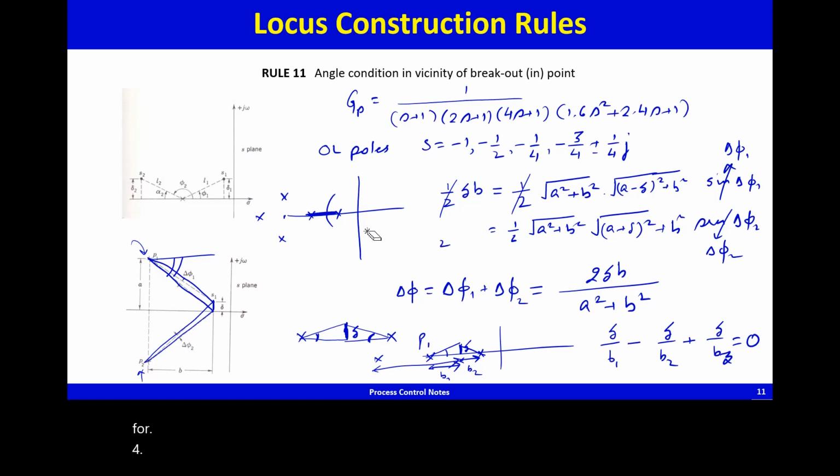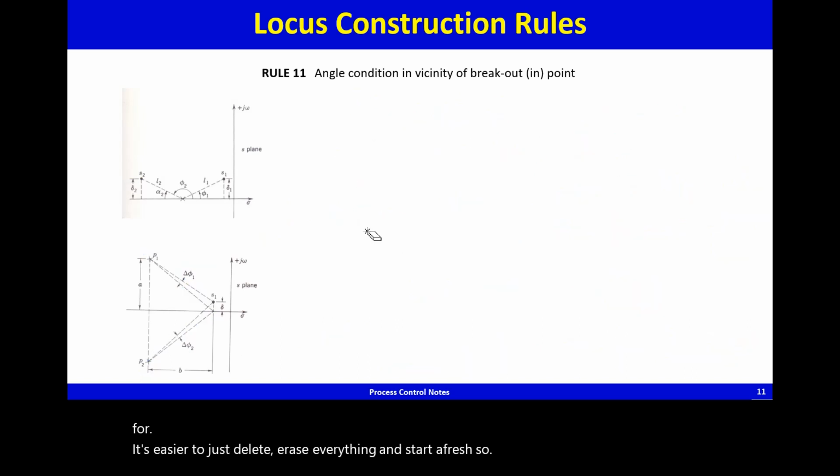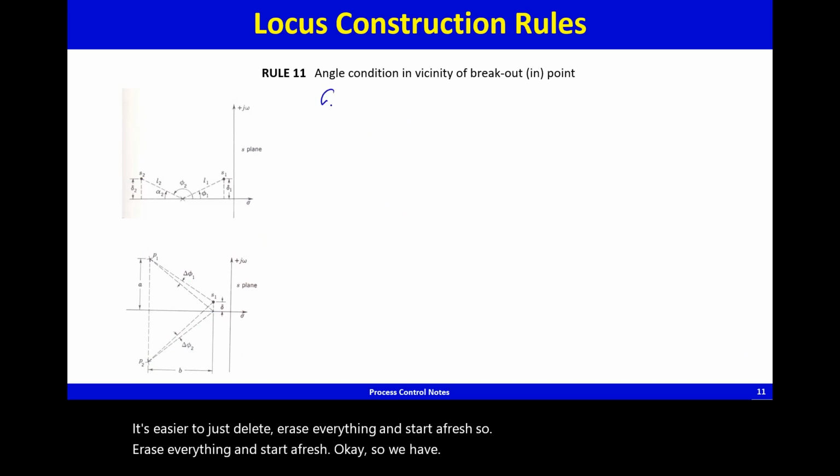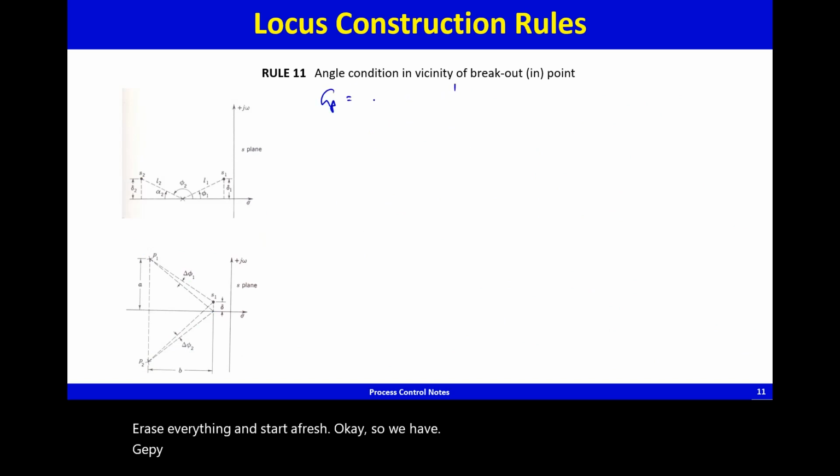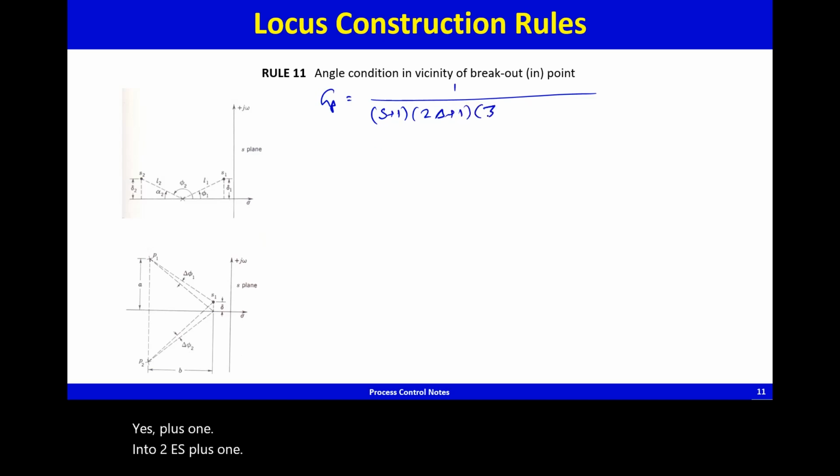I'll try and show this for an example. Maybe it's easier to erase everything and start afresh. So we have Gp is equal to 1 over (s plus 1) into (2s plus 1) into (4s plus 1) into (1.6 s square plus 2.4s plus 1).